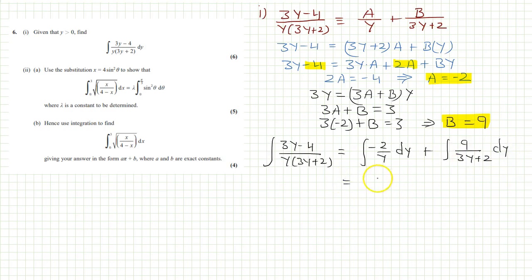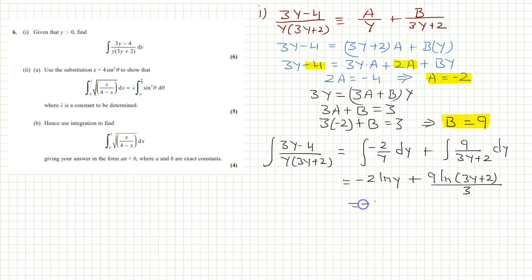So this value will be equal to minus 2 ln y plus 9 ln(3y plus 2) divided by 3.